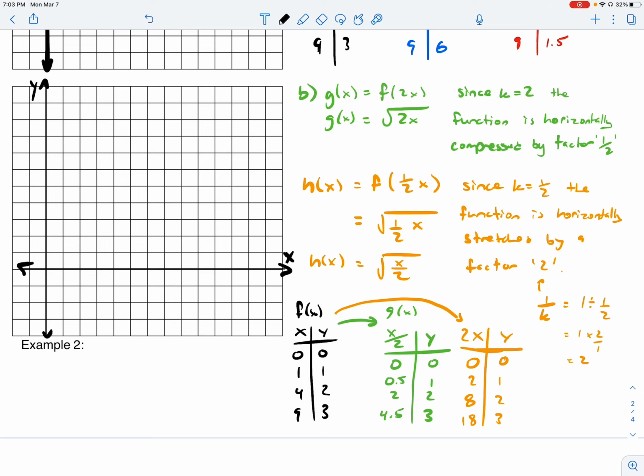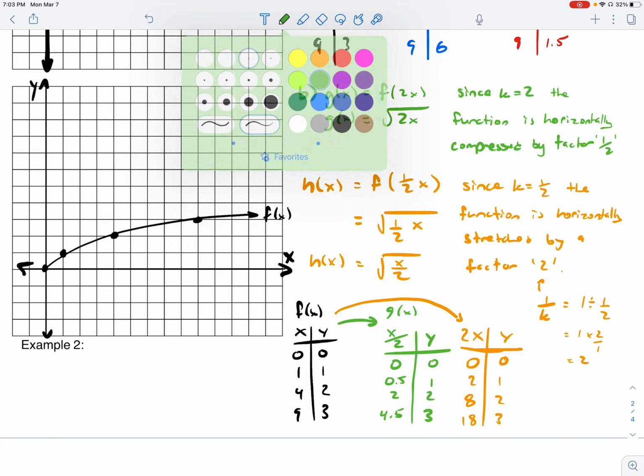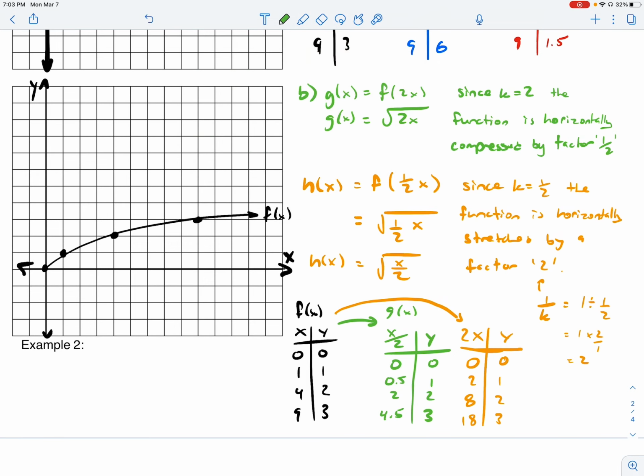Now the axes are labeled, so plot our base function: 0, 0, 1, 1, 4, 2, and 9, 3. That's f of x. G of x, we're dividing all the x values by 2. So that means I'm going to have 0, 0, a half, 1, 2, 2, and 4.5, 3.